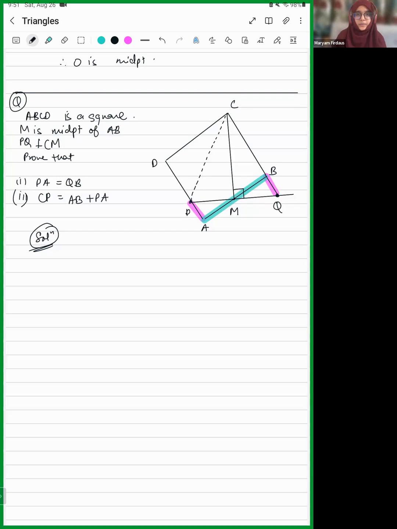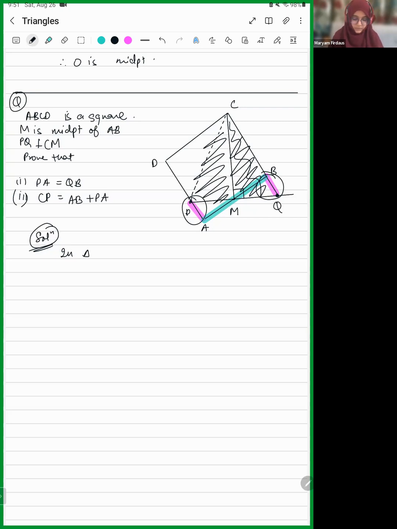In which two triangles? What do we have to show? We have to show that these two pink lines are equal to each other. How can we show that? By proving that triangles CMQ and CMP are congruent. If you show that, how does it prove these two pink lines to be equal?